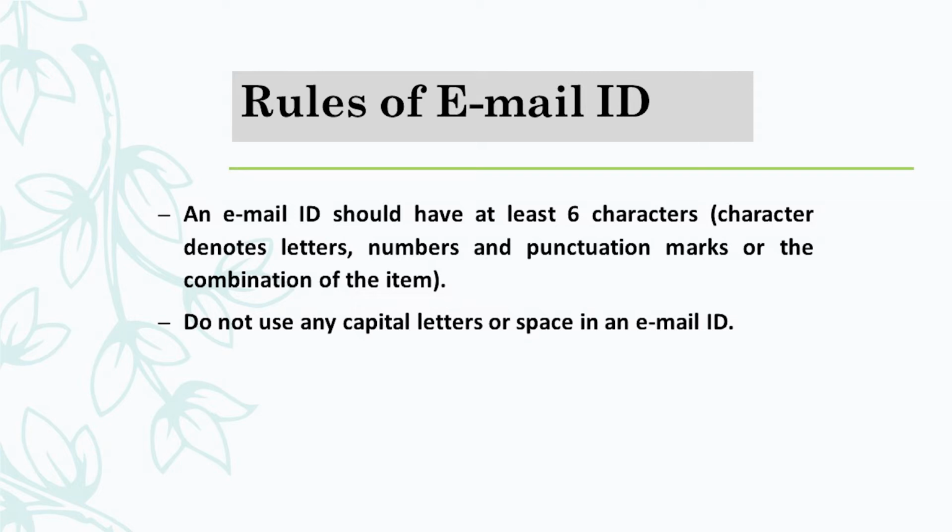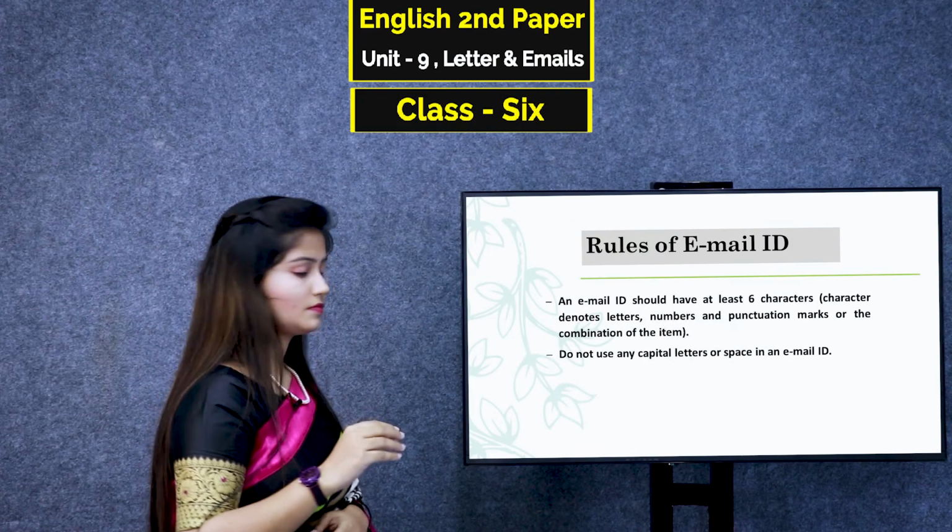Such as, I am telling you an email ID, johir018@gmail.com. So here, johir018. Okay, so you can use numbers also in an email ID. Then don't use any capital letters or spaces in an email ID. So in your email ID, you cannot use any space.